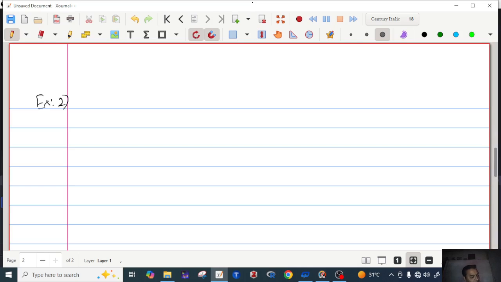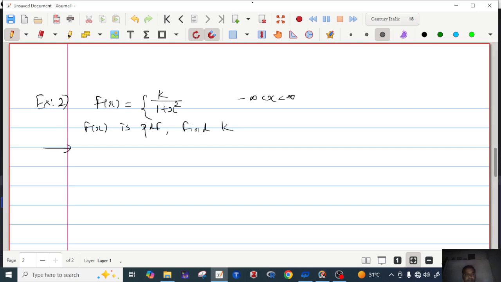Now we will see one example where f(x) is k upon 1 plus x square, for x from minus infinity to infinity. This is a PDF, and they asked to find k.